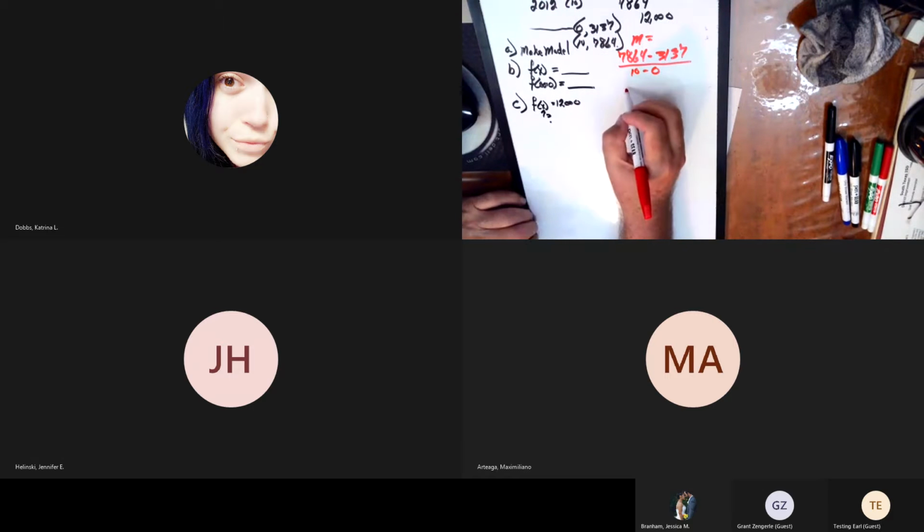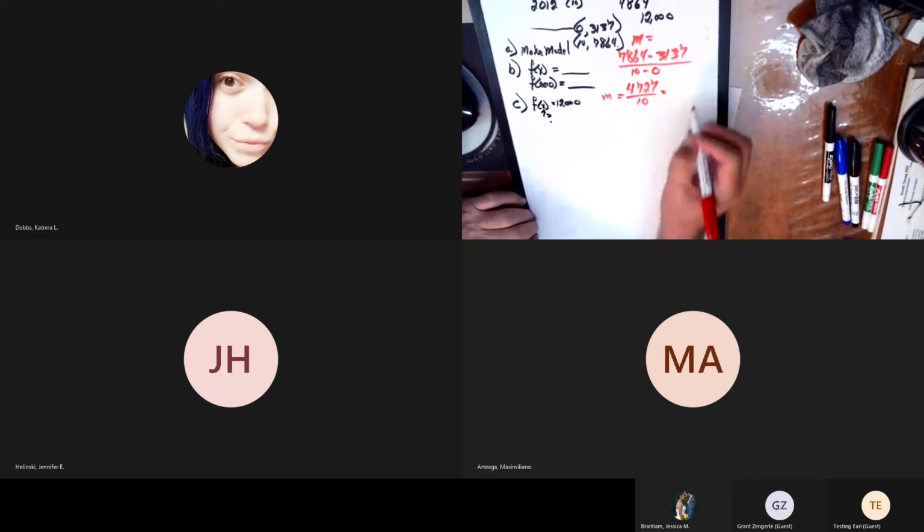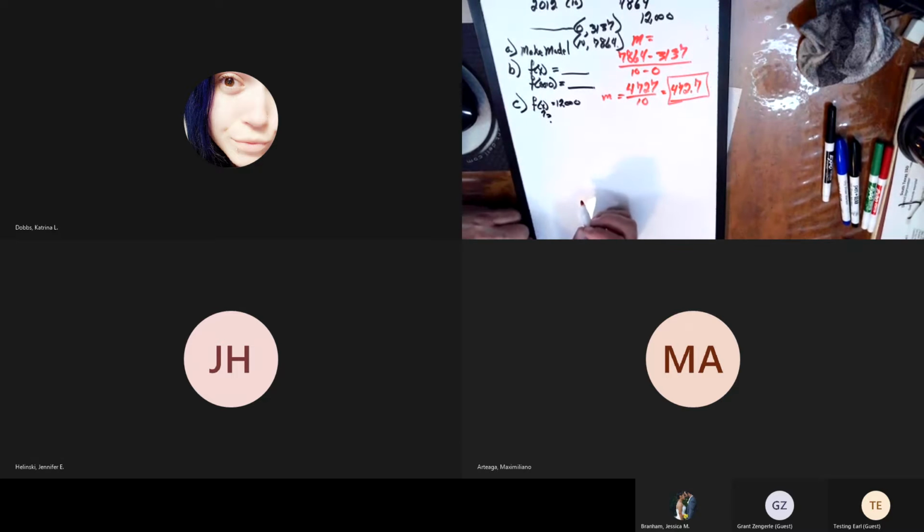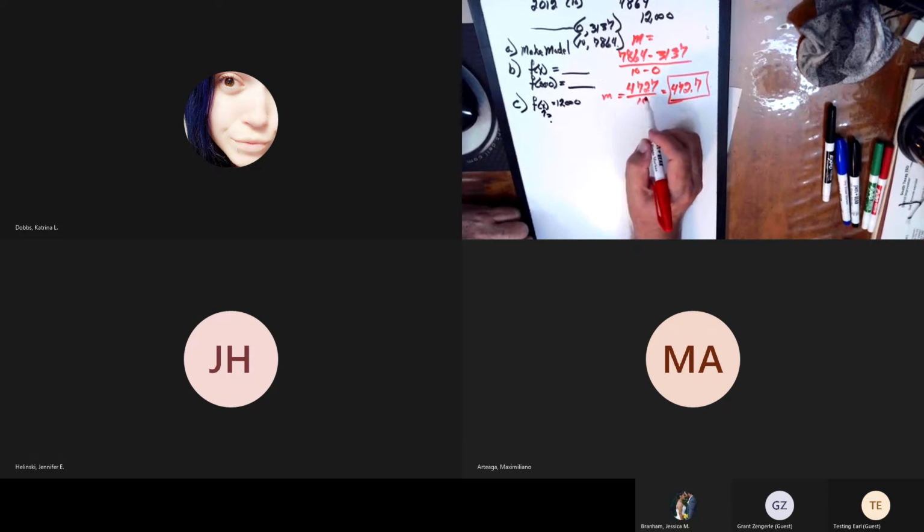Grab your calculator, punch it out. I end up with 4727 over 10 equals my slope. And if I divide top and bottom by 10, I get 472.7 as my slope.